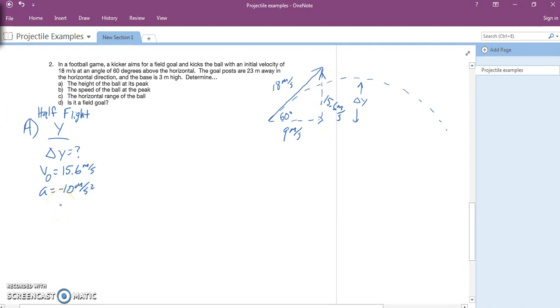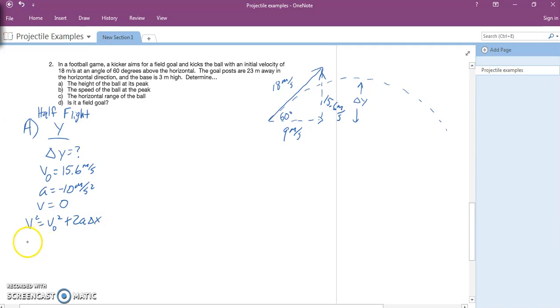And then we need to know one other thing, and that thing is going to be the final velocity. So right up here, the velocity in the y direction is going to be 0. We're going from going up to going down, so at that instant, it's changing directions. So we can say the final velocity is 0 at that point. Then we can use v squared equals v naught squared plus 2a delta x.